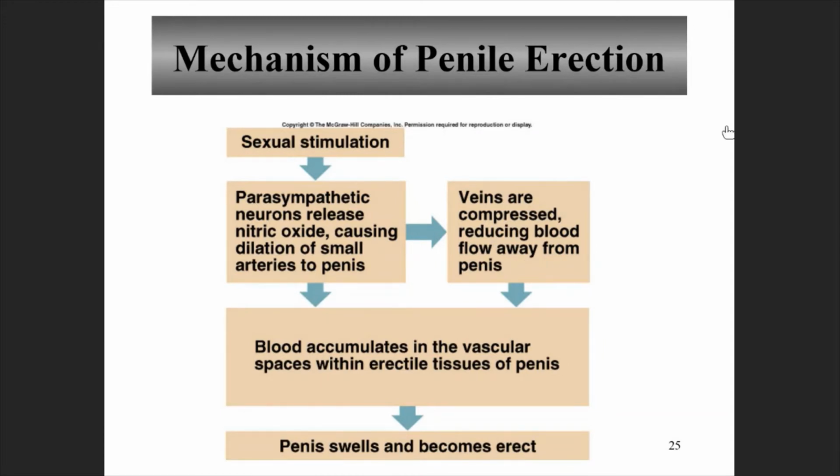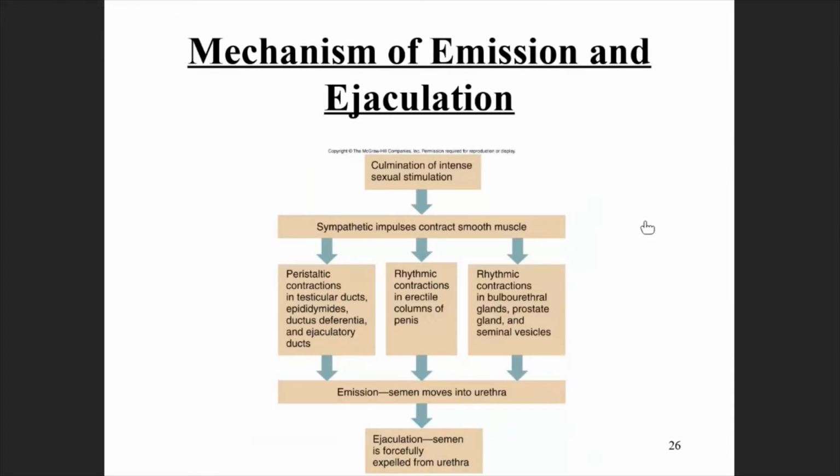Okay? So continuous stimulation will lead to ejaculation, and that is the sympathetic nervous system causing the rhythmic contractions of the bulbourethral gland, which secretes that lubrication, including the prostate gland and the seminal vesicle gland. All these contribute to the semen, and you get peristaltic waves starting from the epididymis up to the vas deferens and to the ejaculatory duct, and then all that comes out. Okay.